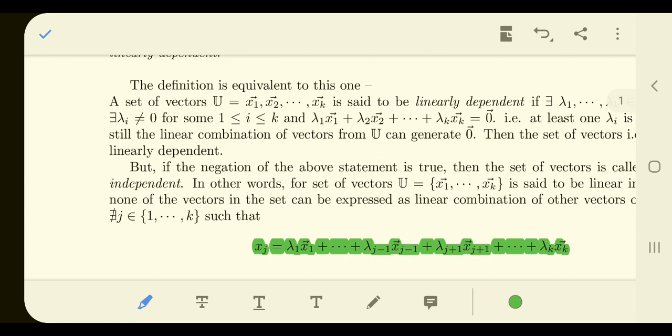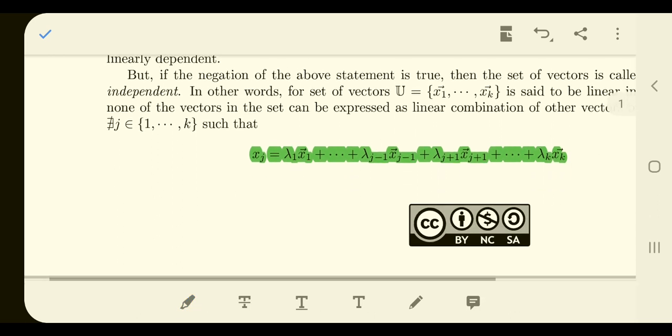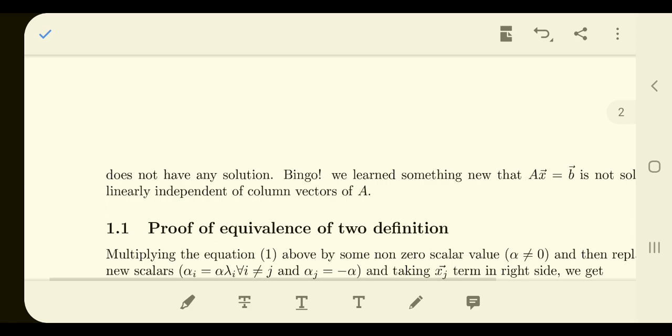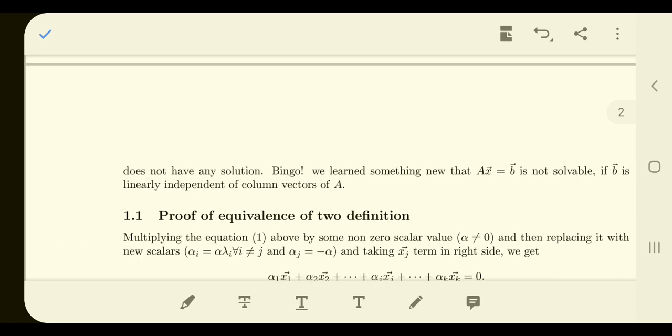Now, instead of this, I can write xj is equal to some matrix multiplied by a column vector of scalars lambda 1 up to lambda k, and the matrix contains x1, x2, x3, up to xk as its columns. Now, understanding that fact helps you to know if Ax equals b is solvable or not, right?